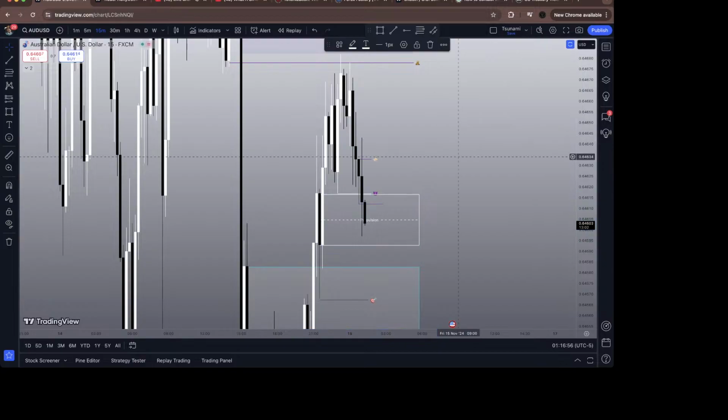This is a propulsion array. I'm not expecting the mid-range of that guy to be easy to take, but I am expecting this low to be easy to take, and we do have a sell side goal, which is somewhere up in here.